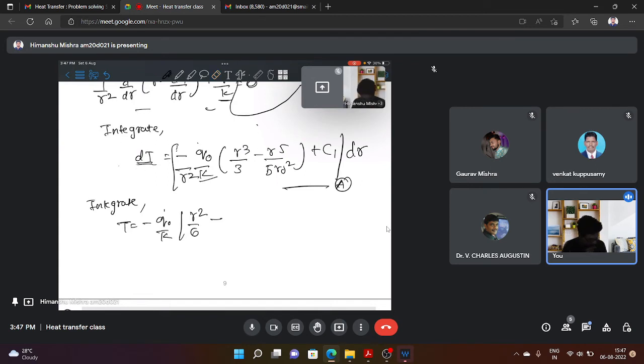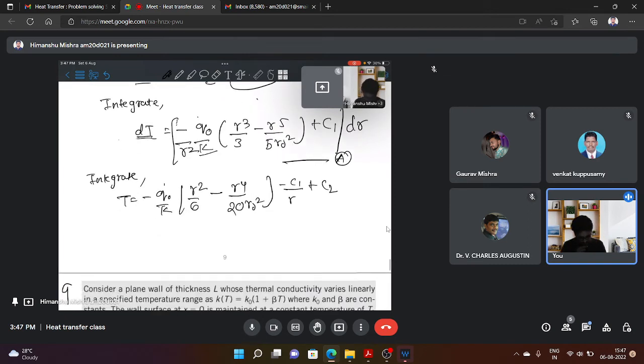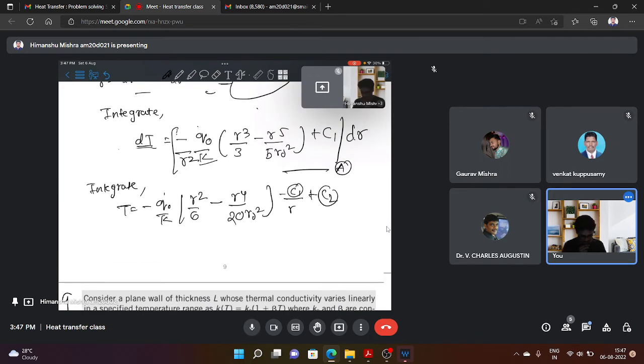Yeah, so on integrating I will get this relation, plus C2. So now in order to find the constants C1 and C2, we can use the boundary conditions.